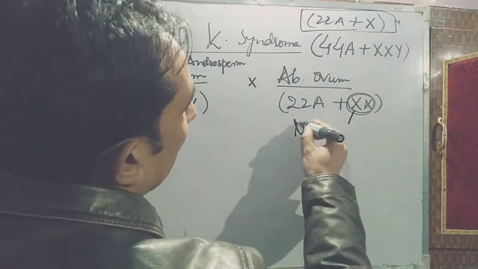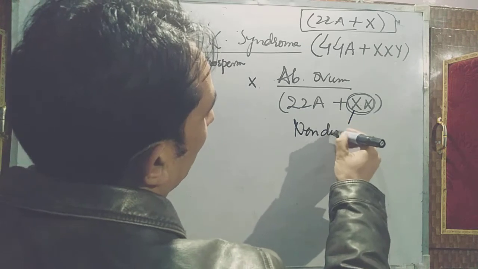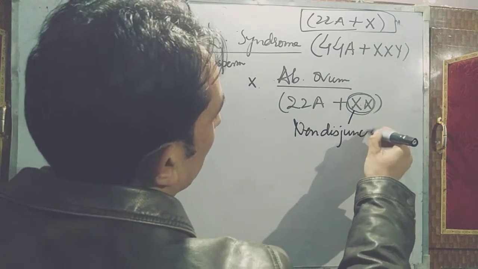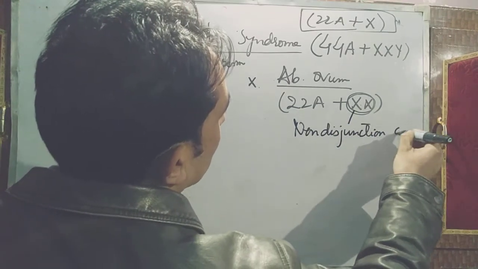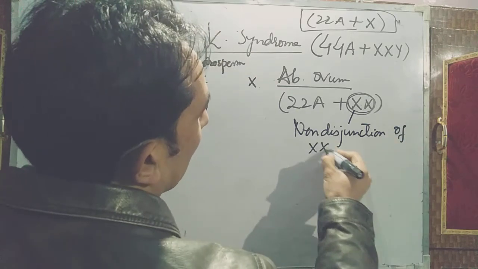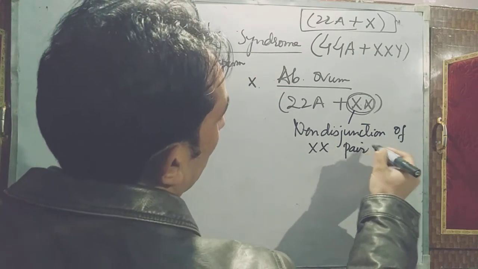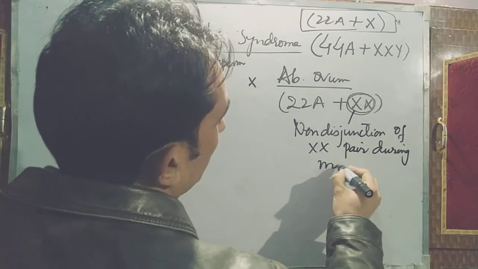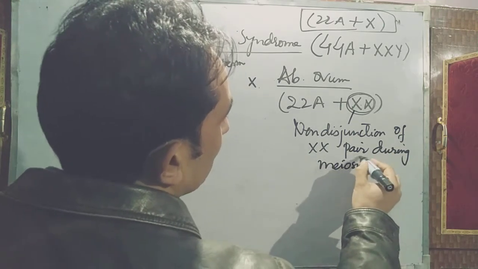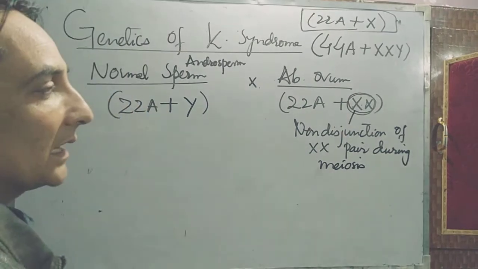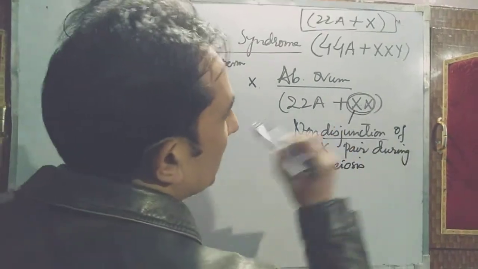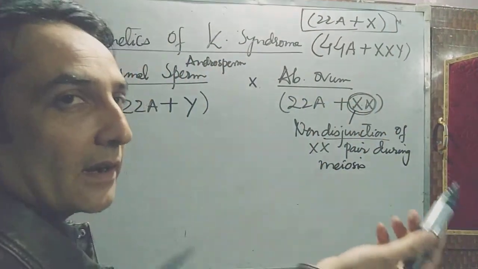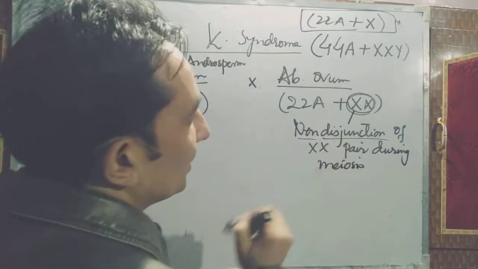There we say that non-disjunction means non-separation of the XX pair during meiosis. When meiosis occurred, there should have been the separation of the XX pair, which we call disjunction, but there has been non-separation of the XX pair due to some error in meiosis. We call that non-disjunction.